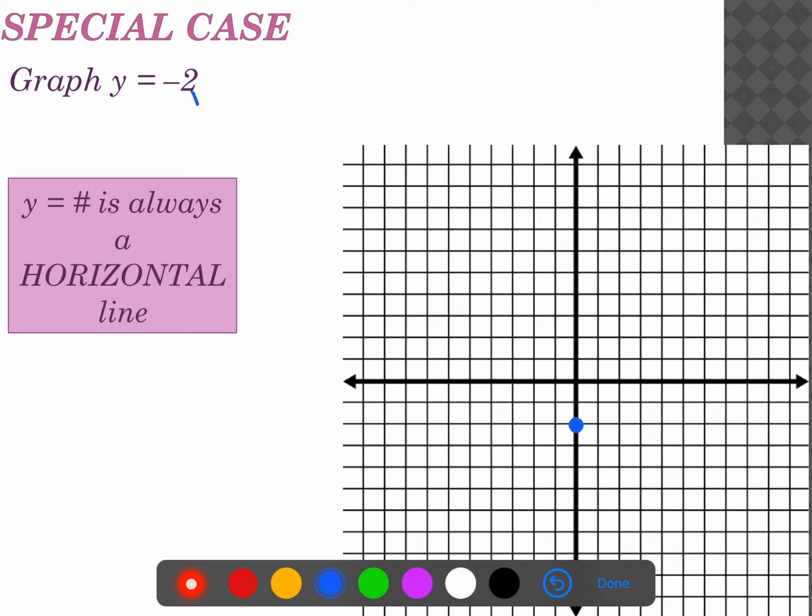So here's -2, because this is technically my b value. That is my y-intercept. That's where I begin. But now I have no slope. So the previous example had no y-intercept. This one now has no slope. So we're looking at y equals 0x minus 2. So a 0 slope.